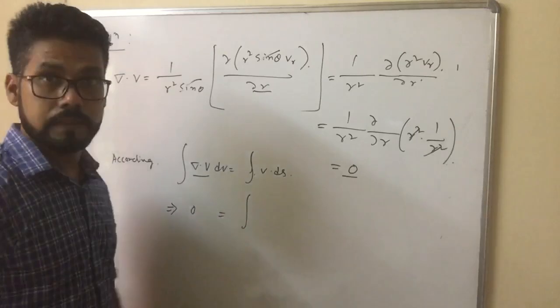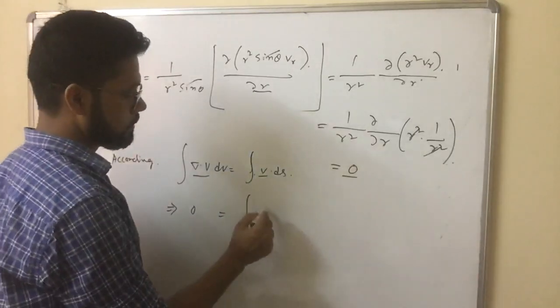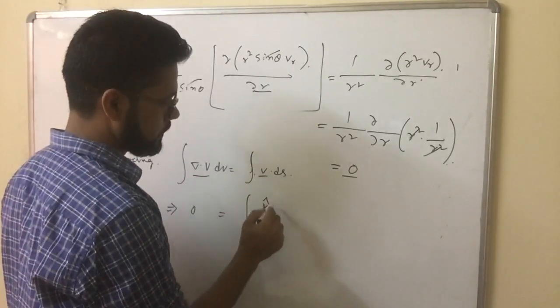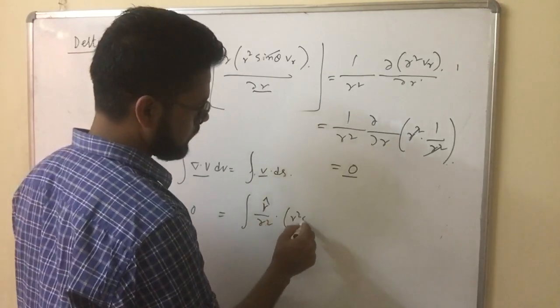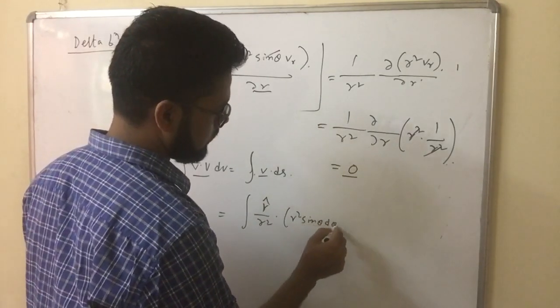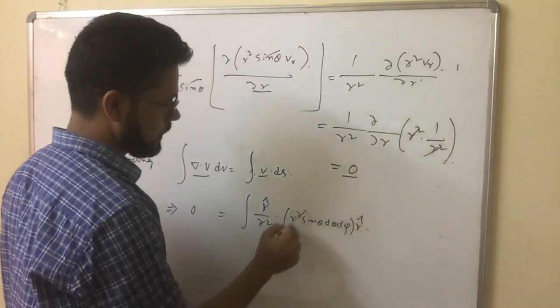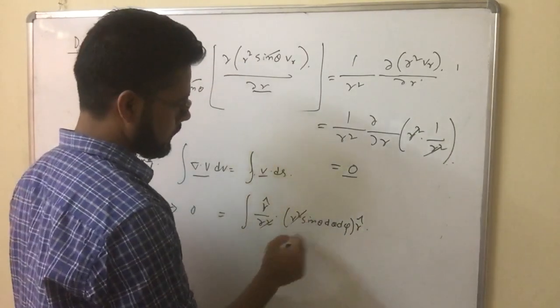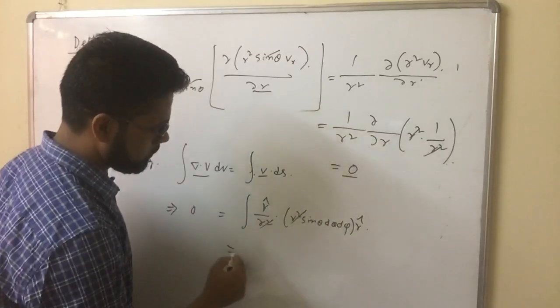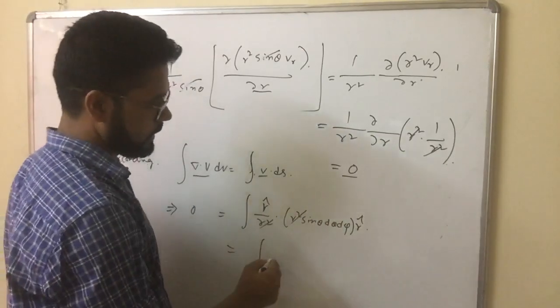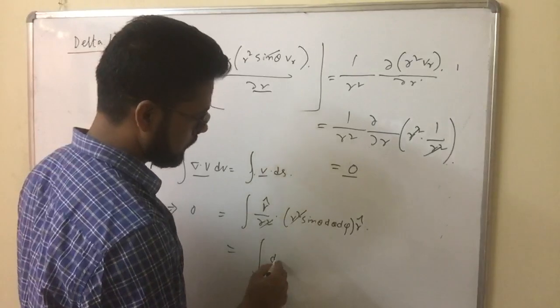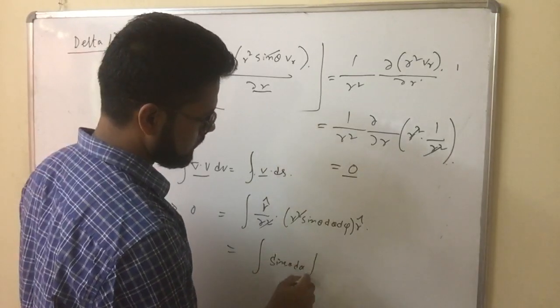Right-hand side, V equal to 1 by r square r cap, dot r square sine theta d theta d phi r cap. So this cancels, r cap dot r cap is equal to 1, and you will get sine theta d theta d phi.